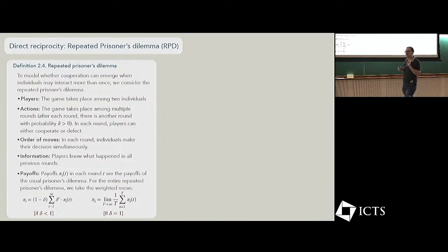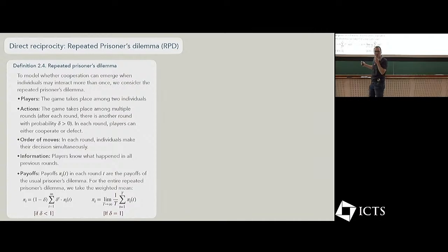And so if you look at such a game, it follows that the expected length of the game follows a geometric distribution. And if you want to define payoffs in that game, it turns out that this is a reasonable definition. So the round t, you weigh it by how likely it is that you even reach this round.